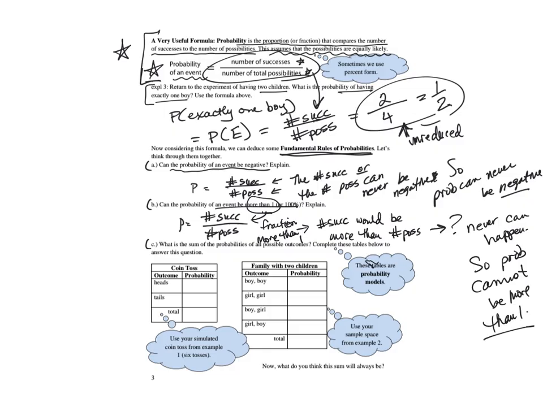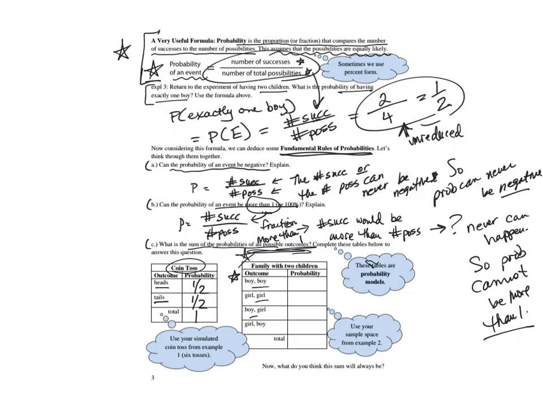Okay, part C. What's the sum of the probabilities of all possible outcomes? This kind of comes into play a few different times when we're doing more complicated problems. So let's think about this. Complete these tables below to answer this question. Okay, think about tossing a coin. If your outcome is heads, the probability is 1/2. For the outcome of tails, probability is 1/2. Total is 1. Let's think about this. Family with 2 children.